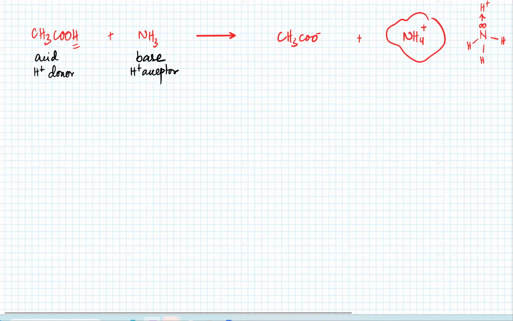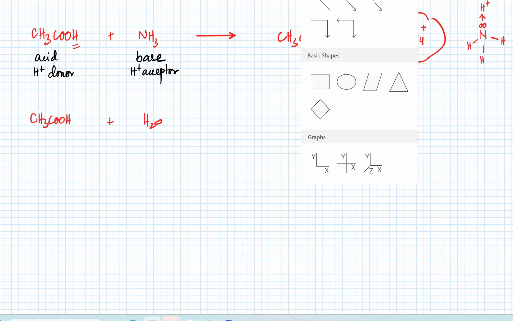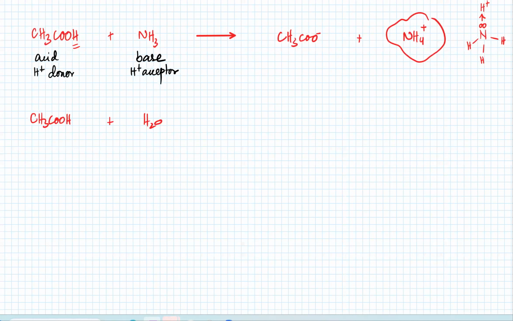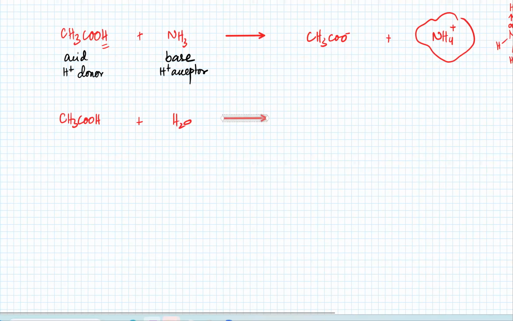So now with water, you're going to have the same thing that you got with ethanoic acid. You've got water. Ethanoic acid is going to do the exact same thing. It's going to become CH3COO minus, and water is going to accept an H plus ion. It's going to become H3O plus.